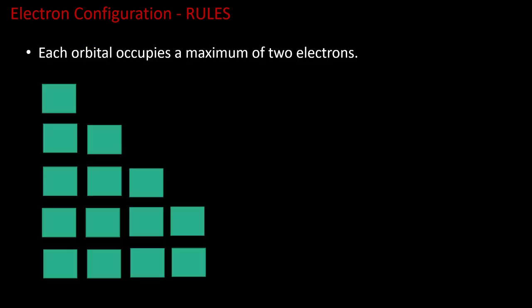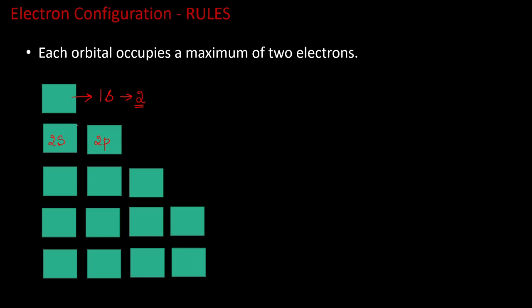The second rule tells us about the number of electrons that can be present in an orbital. So if you're talking about the first shell, it will have only one orbital, which is 1s, right? And this 1s can occupy only 2 electrons. Let's talk about the second shell. The second shell will have 2 subshells. One is 2s and the other one is 2p.